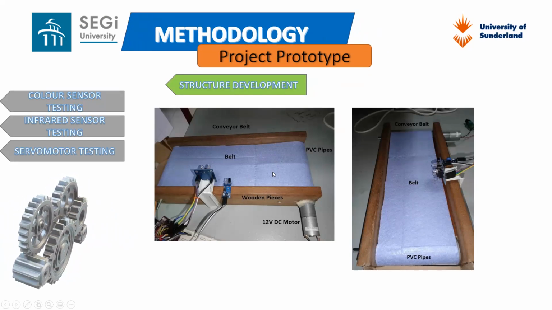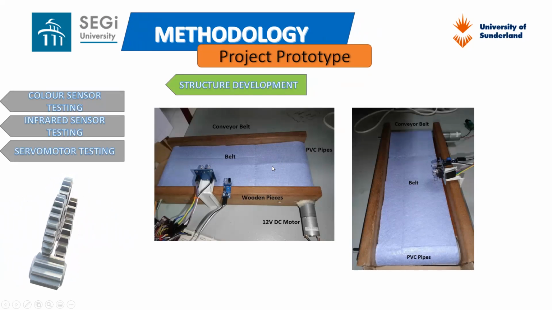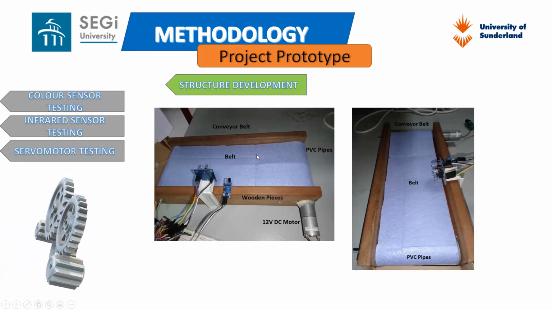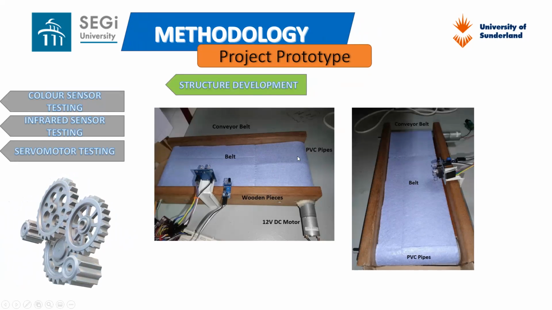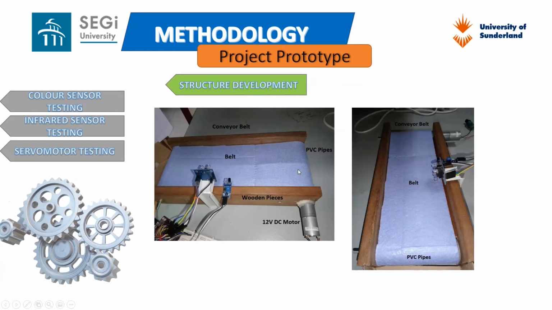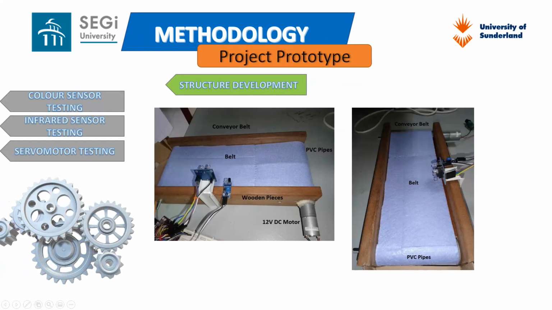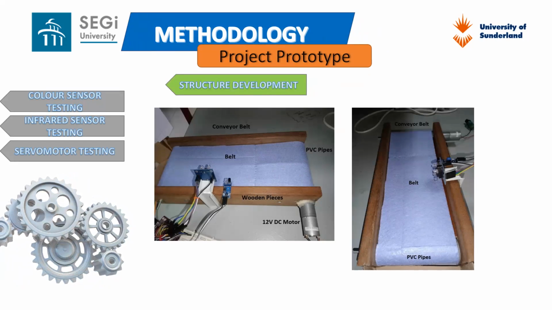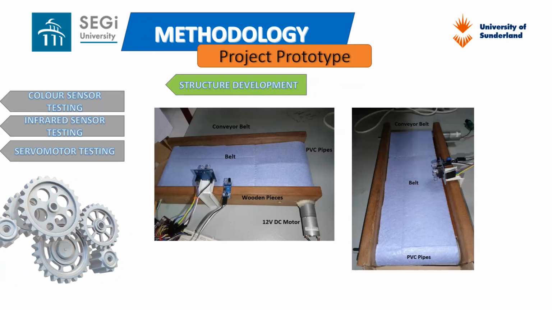The belt we're using is a fabric, and under the fabric are PVC pipes as rollers to move the fabric forwards.